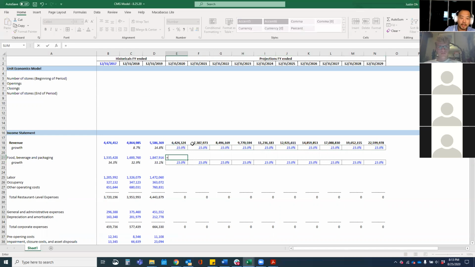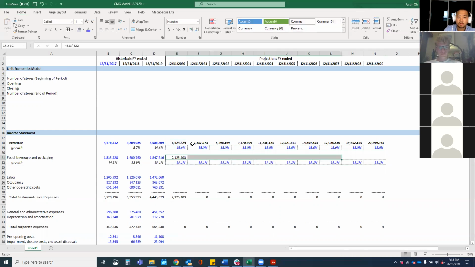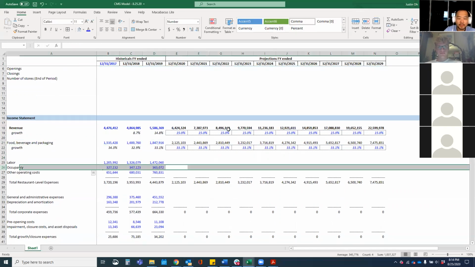And then you want to drive it as revenue times that. It's actually 33%, which says steady gross margins. Revenue minus food, beverage, and packaging is your true burrito gross profit. But I'm not going to.